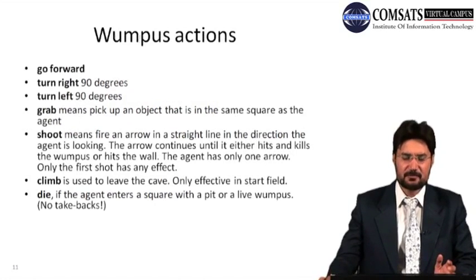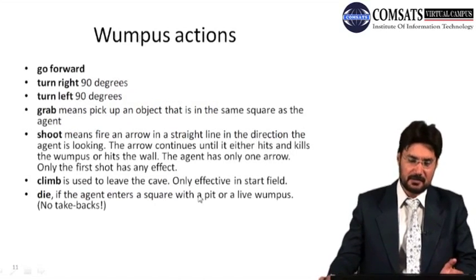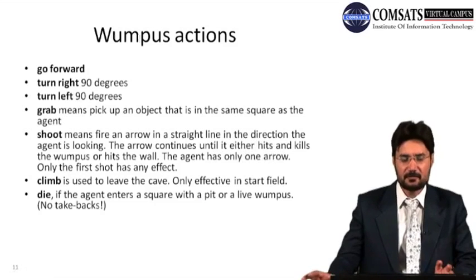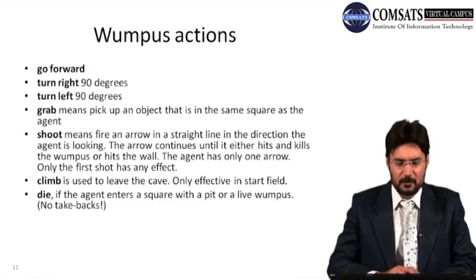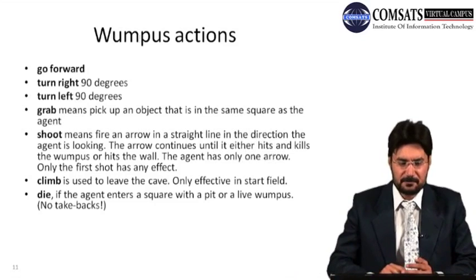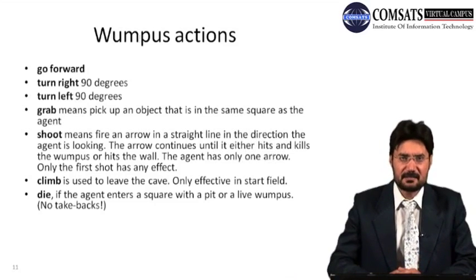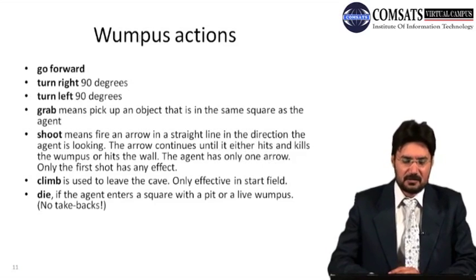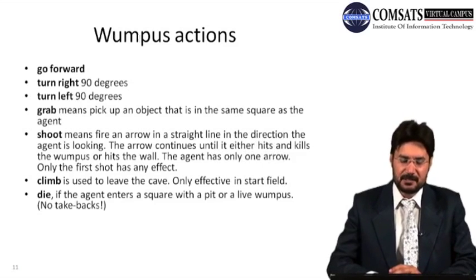What are the actions that the agent can perform in Wumpus World? It can go forward. Turn right means it can turn 90 degrees to the right, and turn left means it can turn 90 degrees to the left.